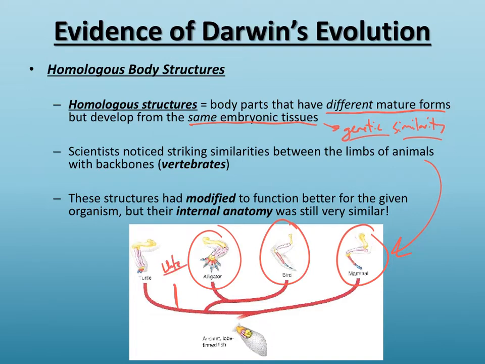When you look at it, wow, that looks nothing like a whale. But when you look at the internal structure, the internal anatomy is actually really similar. And so that's what they're showing you here with these different colors: although the bone structure is a little different, the anatomy itself is fairly similar.